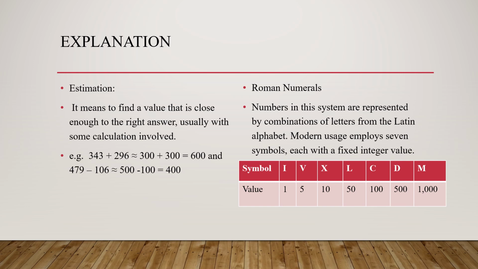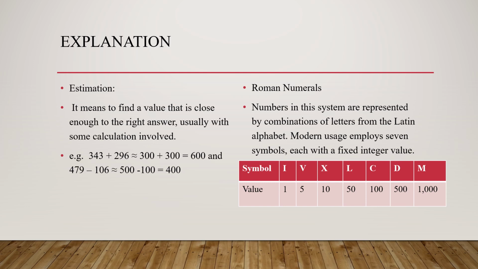Roman numerals. Numbers in this system are represented by combinations of letters from the Latin alphabet. Modern usage employs 7 symbols, each with a fixed integer value. Roman numerals were developed for the convenience of selling and buying goods.